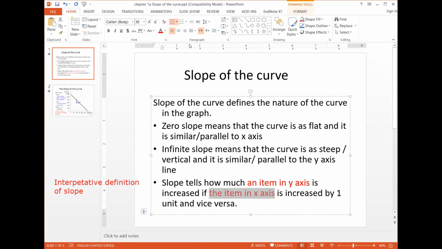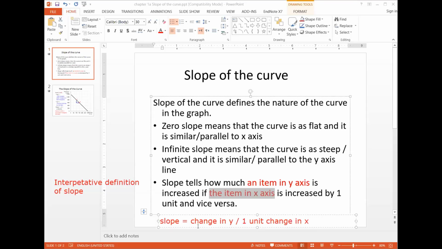So let me write the formula here now. Slope is equal to change in y divided by 1 unit change in x. Suppose the variable on the x-axis is changed by 1 unit. It can be 1 rupee, it can be 1%, it can be $1.